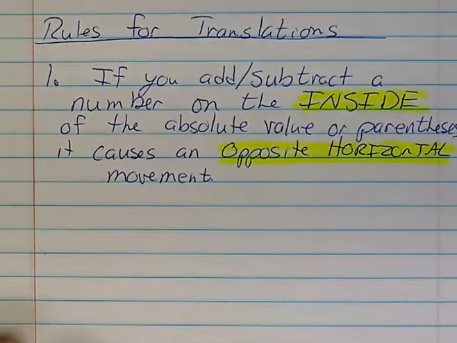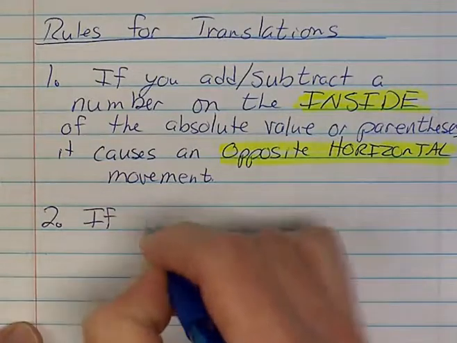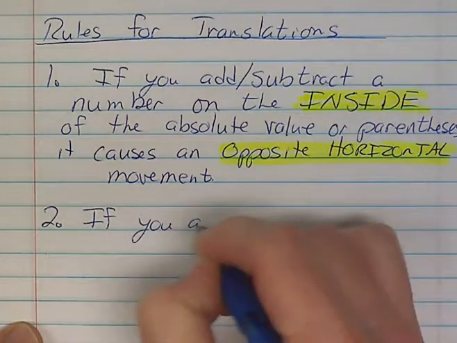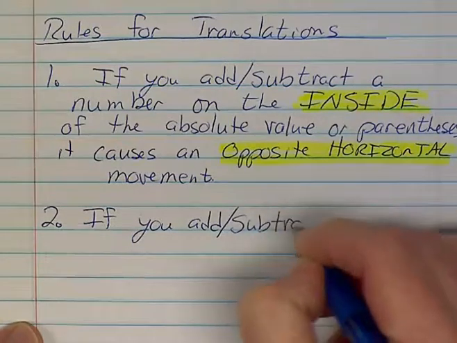The second big thing that we need here, same thing, but if we add or subtract the number and it's on the outside.